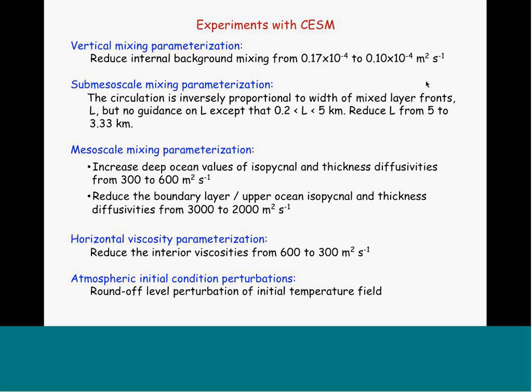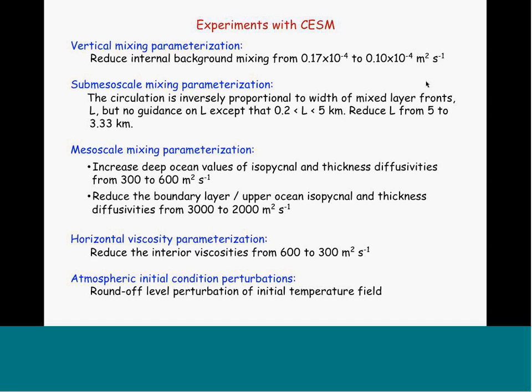The length scale should be between 200 meters and 5 kilometers. In previous versions of the model, I set that to 5 kilometers, and pretty much in the whole world, 5 kilometers is being used now. I changed that to 3 kilometers, reducing it by essentially 33%.